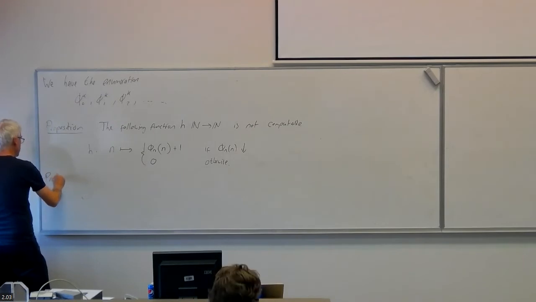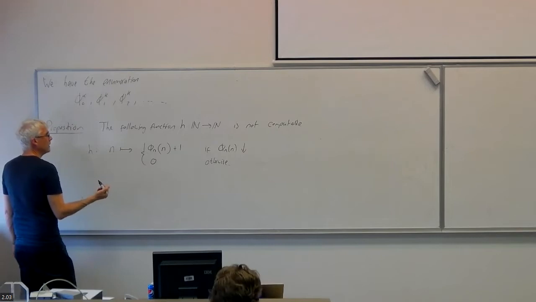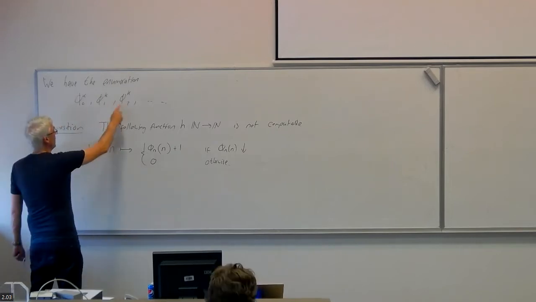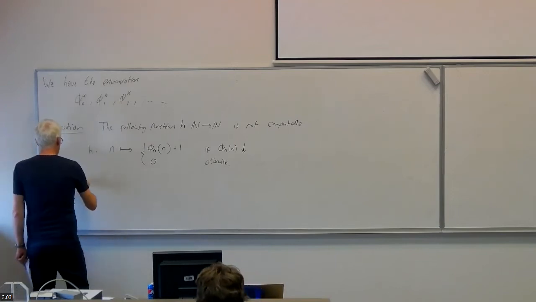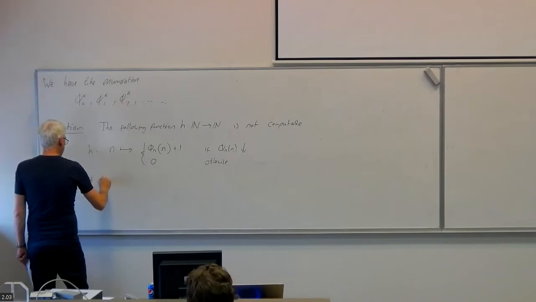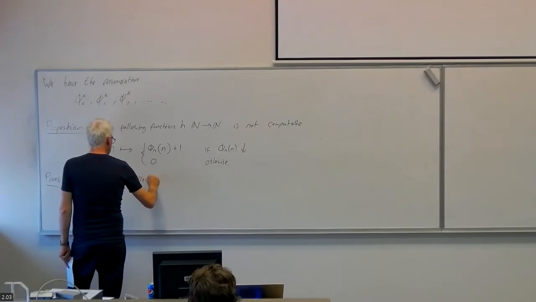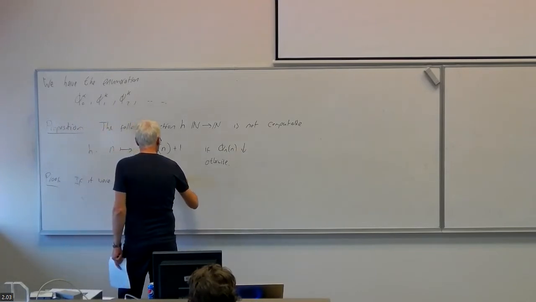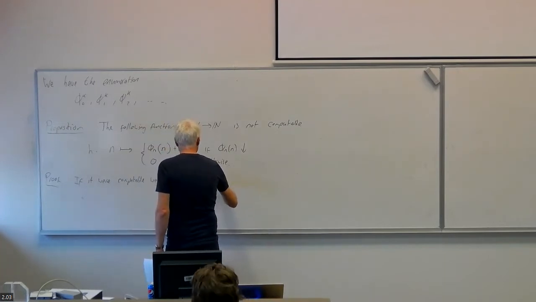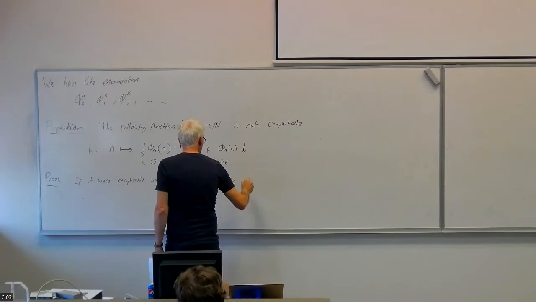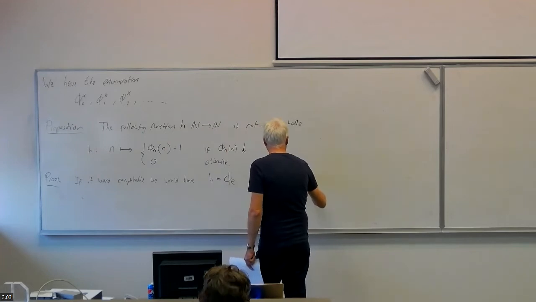And the proof that it's not computable is really easy. If it were computable, then it would appear somewhere in our enumeration, and so there would be some number e that's an index for it. So we would have h equals phi sub e for some index e.